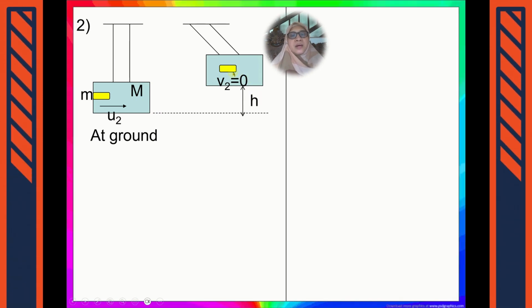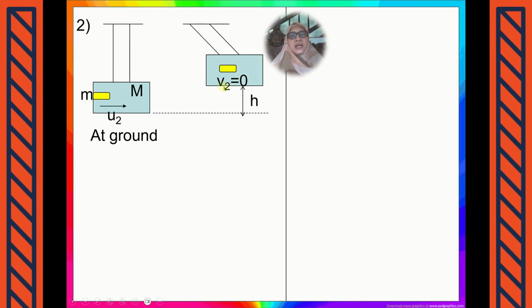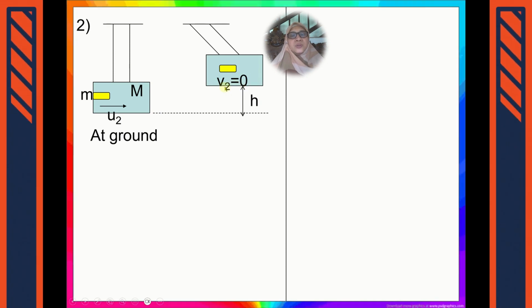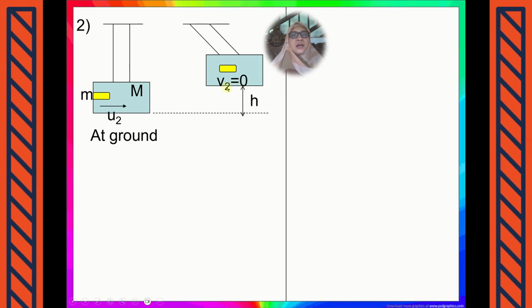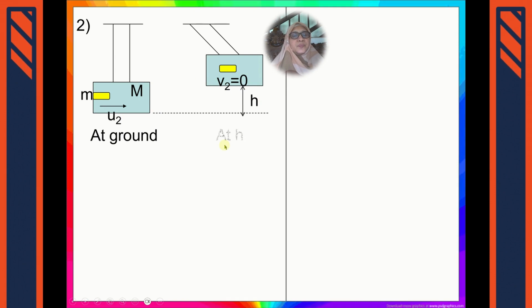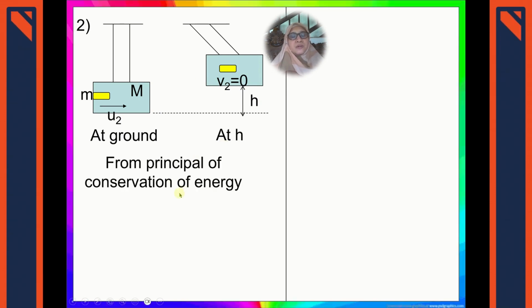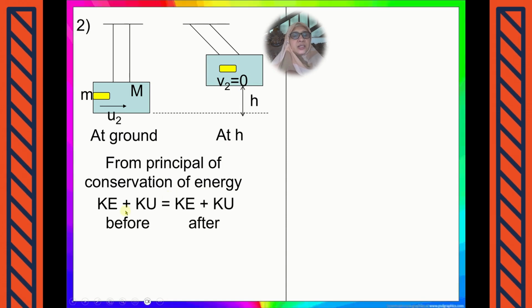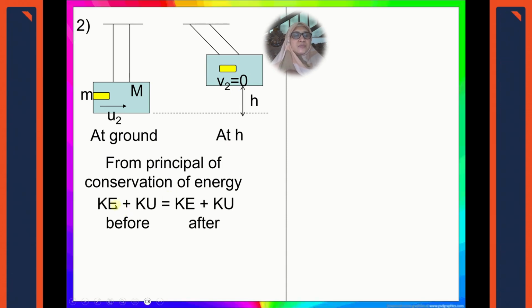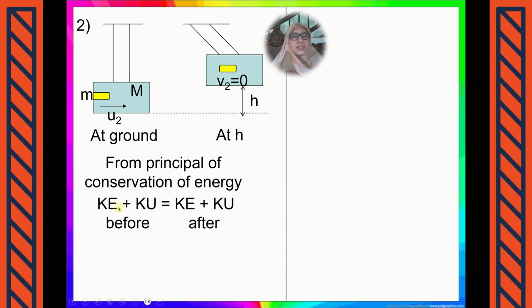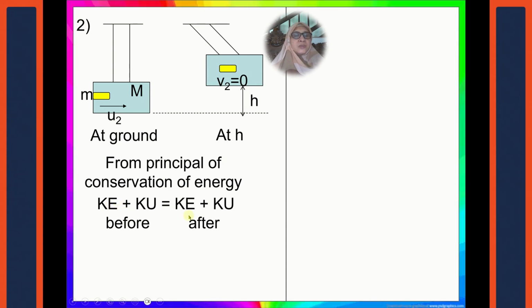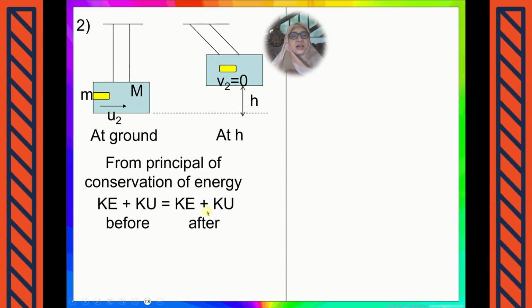At maximum height, it is understood that the final velocity v2 equals 0. So we use the principle of conservation of energy. The total energy involved here is kinetic energy and potential energy, so total energy before equals total energy after.